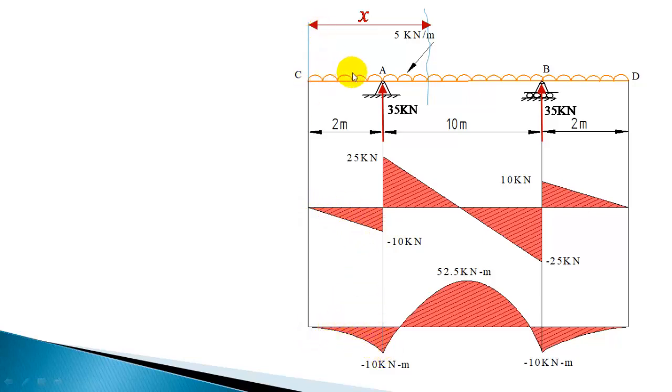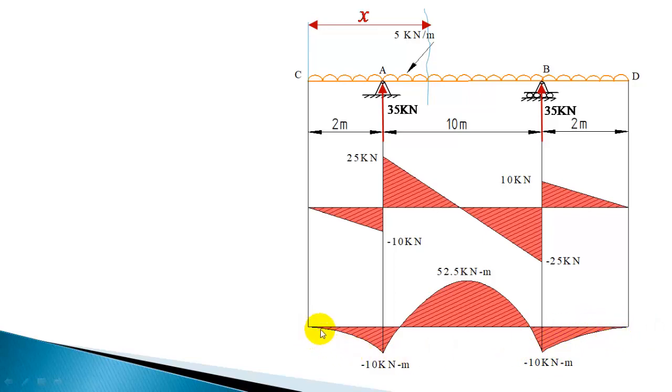Wherever there is a UDL, shear force variation will be linear and bending moment variation will be parabolic. So 0 to minus 10, that is a variation, and you have to show a parabolic variation. And here at B minus 10 and D 0, again minus 10 to 0, you should show a parabolic variation.